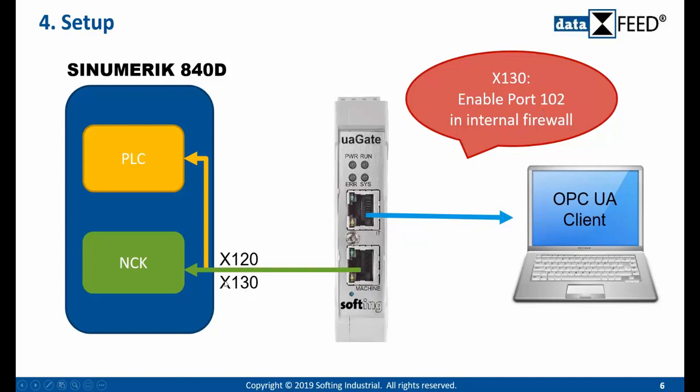So once again, X130, please enable the port. If you're using X120, just plug in the cable and that's it. And once again, we can access both areas. We can use the NCK area as well as the PLC area.